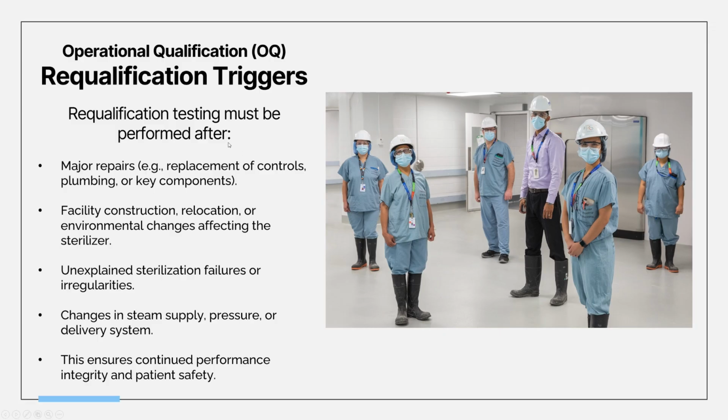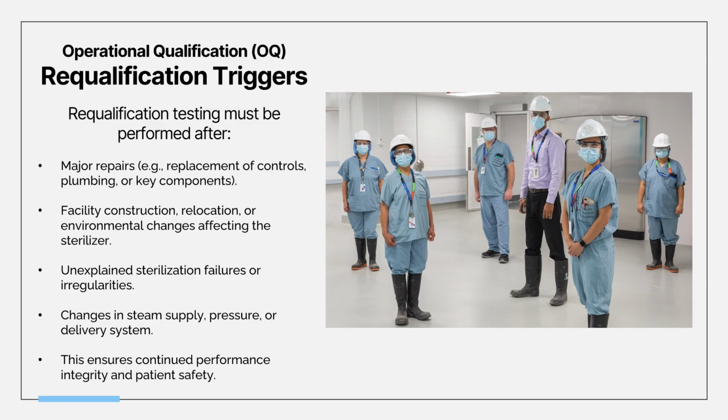Aside from that, requalification testing must be done, for example, when steam delivery has been changed, so you have to test for pressure fluctuation. You also have to check if there was a cycle failure or any unusual outcomes.